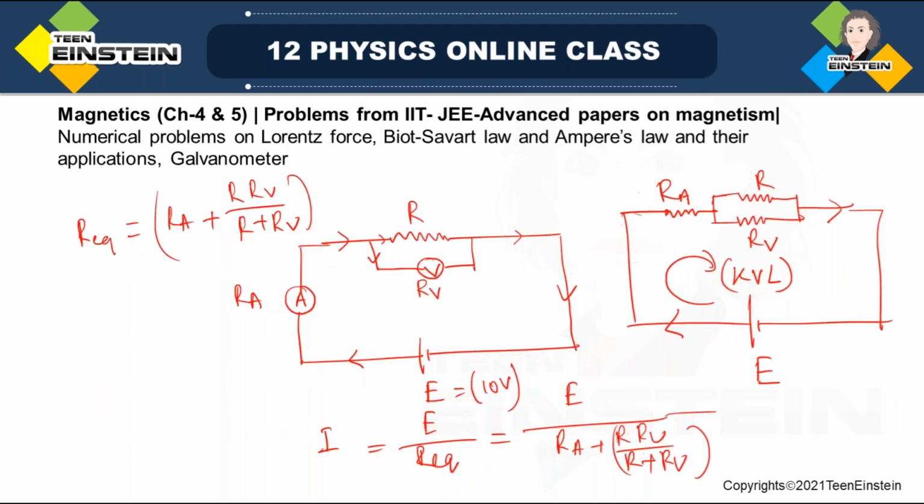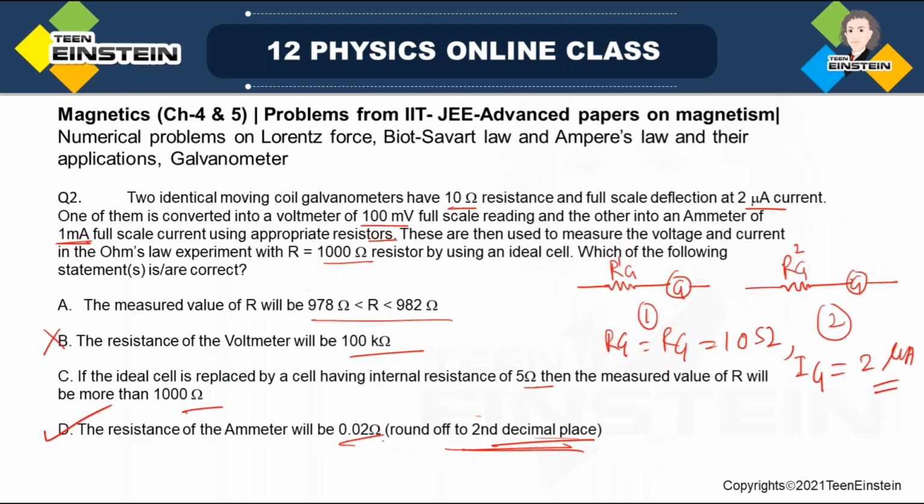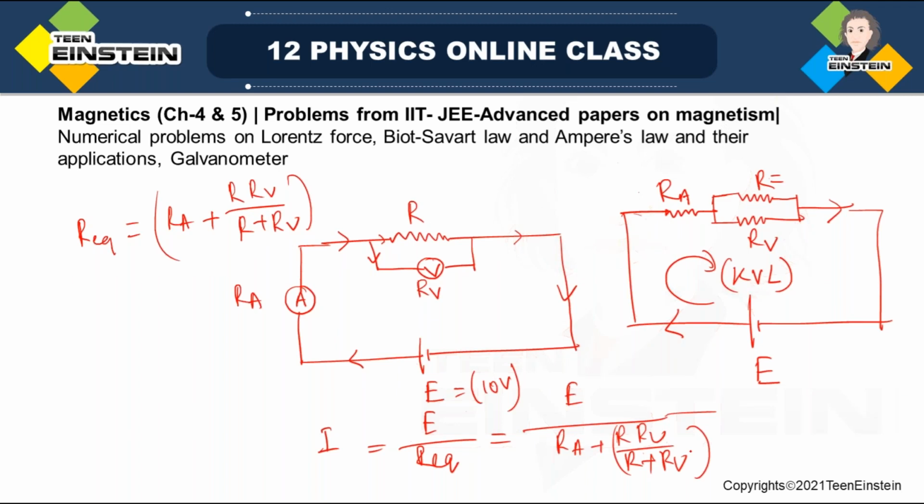RV was 50 kilo ohm, right? And R, this is taken as how much? It is 1 kilo ohm. That means, from here we can actually just neglect this part alone, okay? We can neglect this part.